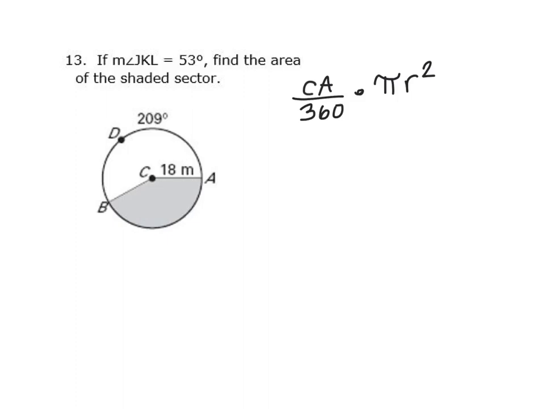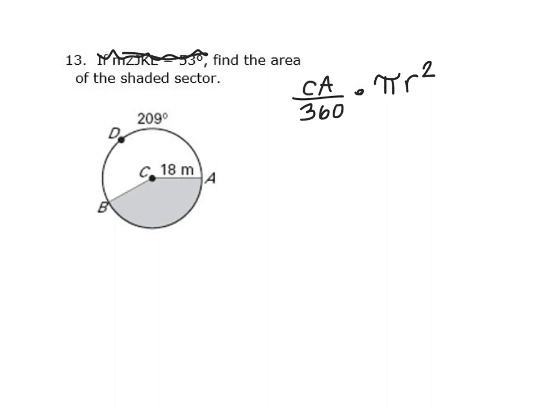So on this one, we're needing to find the area of a shaded sector. So just a section from a circle. The directions on here say the measure of angle JKL equals 53 degrees. That's a typo. There's no angle JKL on this picture.